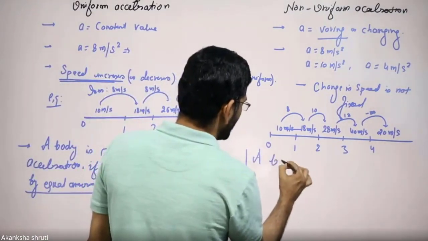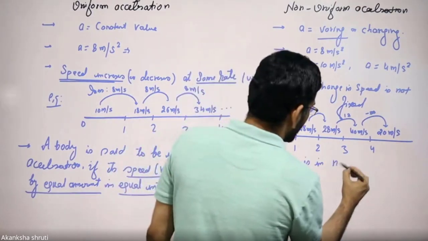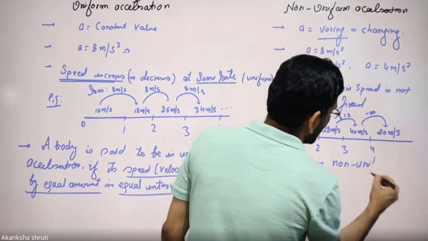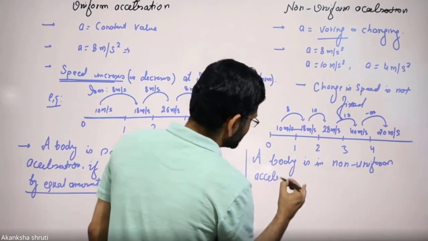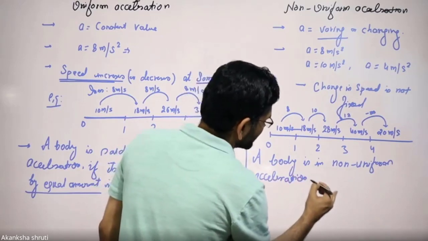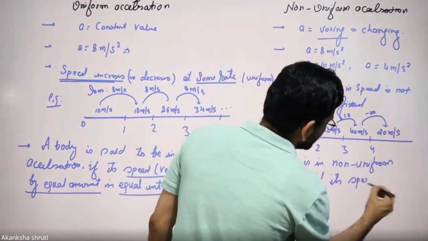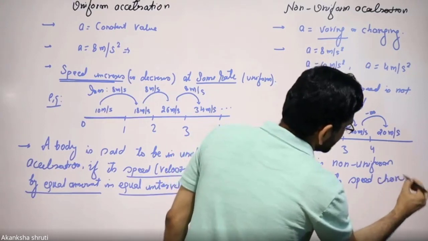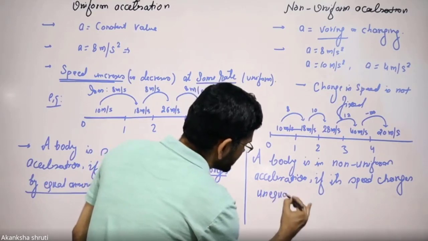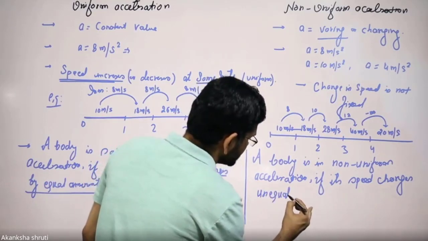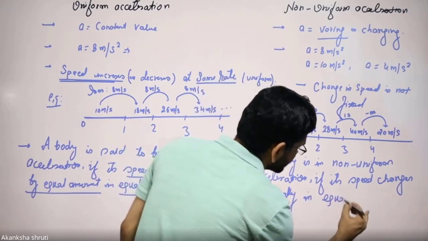So a body is in non-uniform acceleration if its speed changes unequally, means the change in speed is not equal, changes unequally in equal interval of time.